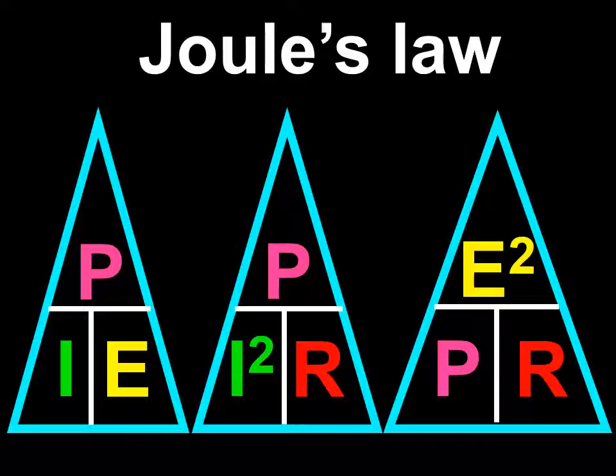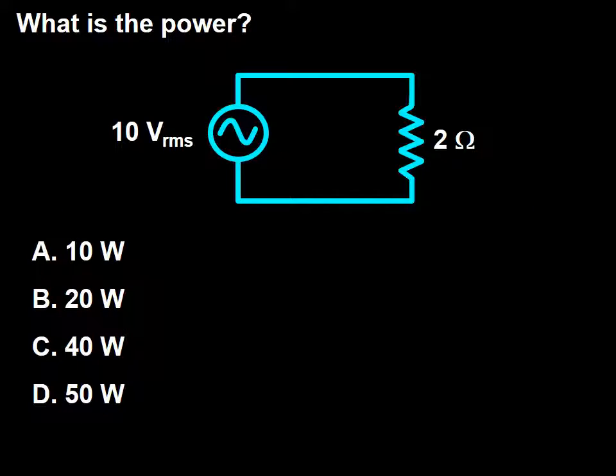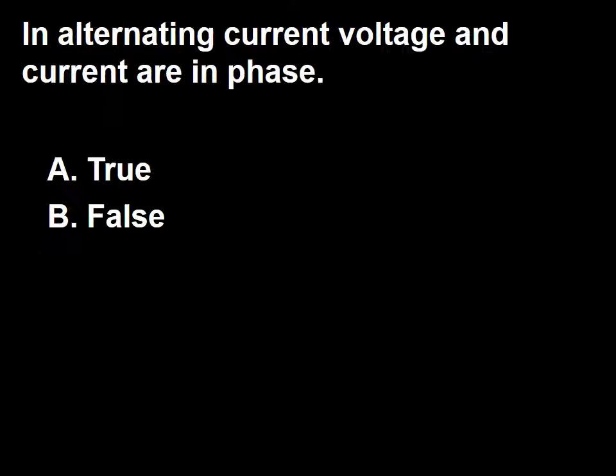So, given the values that we have in this diagram, 10 to the second power should be divided by 2. 10 to the second power is 100, so 100 should be divided by 2 in order to find the power. And once we execute this operation, we get the value of P, which is 50 watts. So the answer to this question is D, 50 watts.